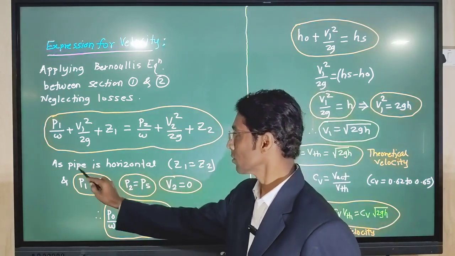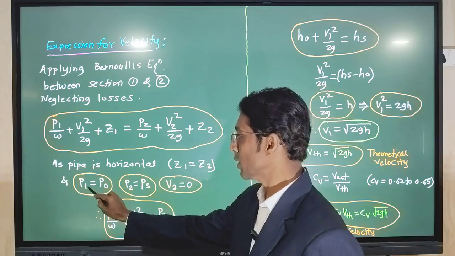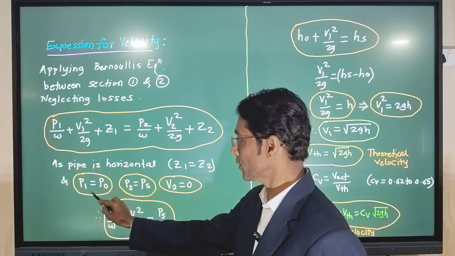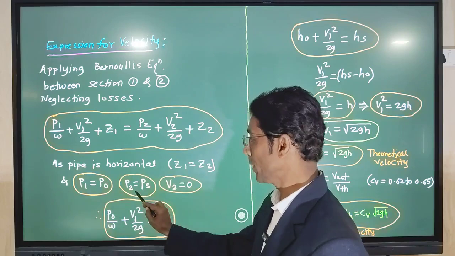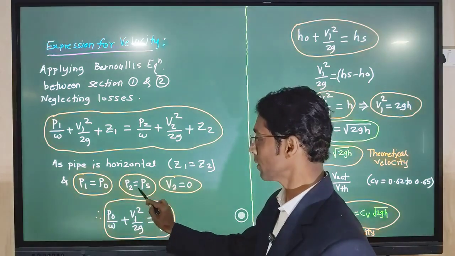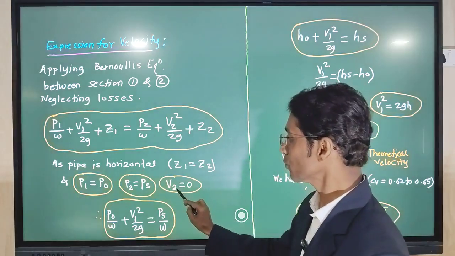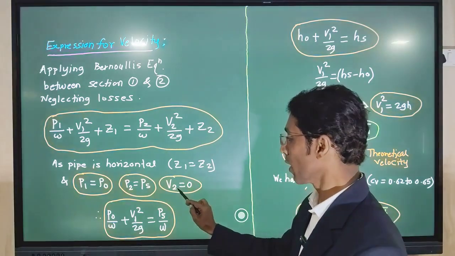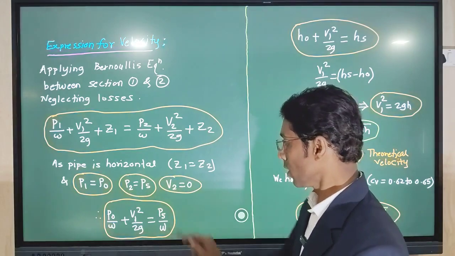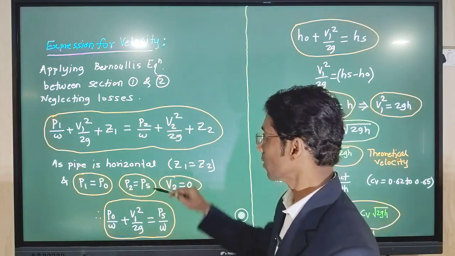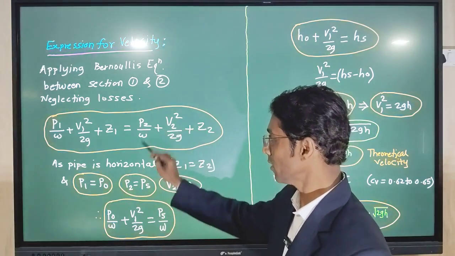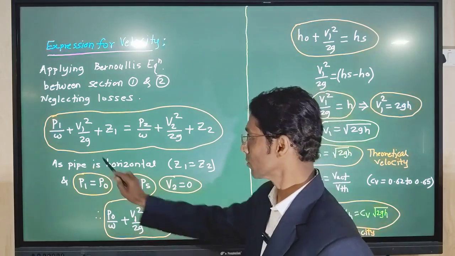By the definition, P1, that is the static point pressure, is PO. P2, that is the stagnation point pressure, is PS. And at the stagnation point, point number 2, velocity is 0. So substituting these in the equation, we find the modified equation.